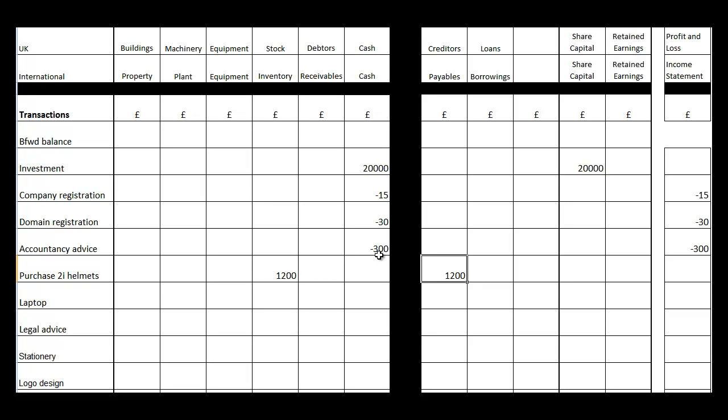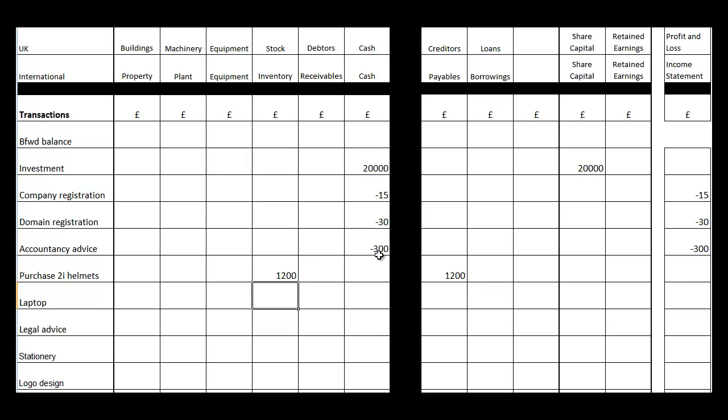You'll notice at this point we haven't actually used any of the stock to supply our customers, and therefore there is no cost placed into the income statement for the period of April. All of the stock remains in stock at this point in time.